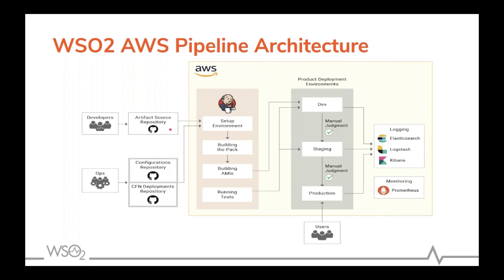Artifact source repository is managed by developers. This repository contains the artifacts related to the WSO2 product and also the test suites. Configuration repository and the CloudFormation repository are managed by DevOps engineers.